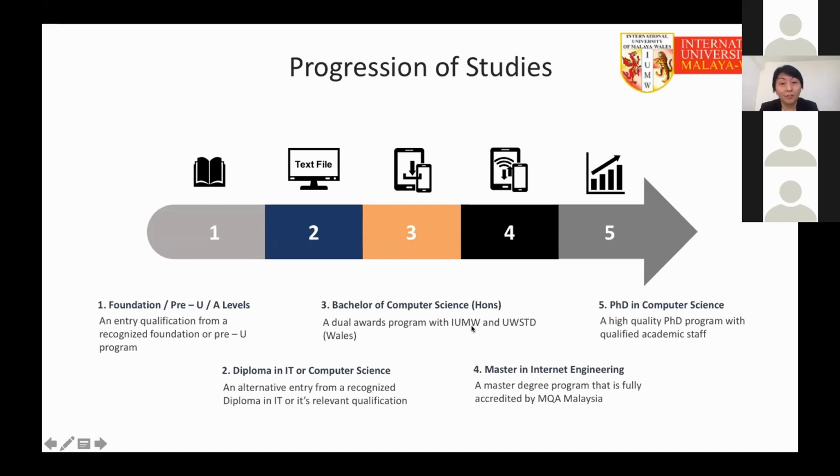Then the Bachelor of Computer Science, and the future pathway, as I mentioned, if you are interested in AI, you can go further to master's study focusing on AI, and also PhD study. At these 2 levels you still study AI, but the depth is different.